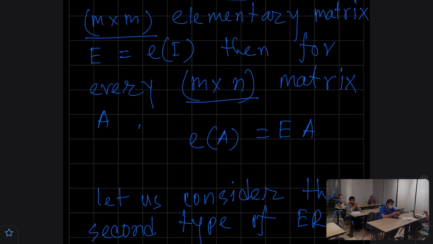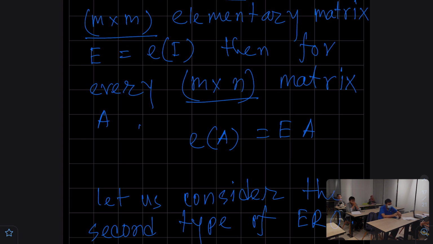And for the finite sequence of EROs, what I can do is multiply the elementary matrix for each ERO, and I can obtain the matrix B from the matrix A, right?